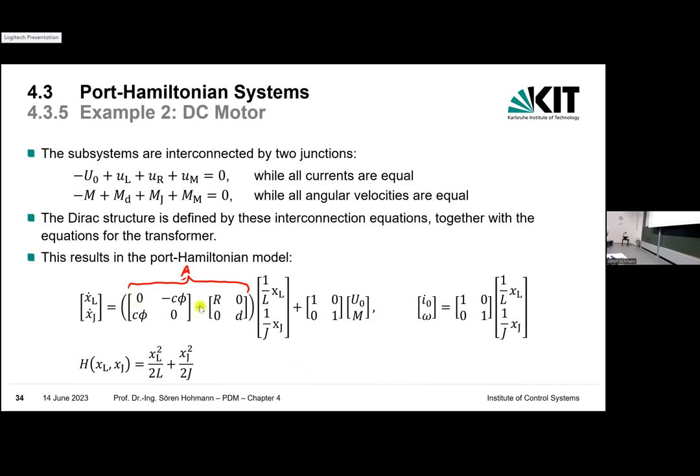One, which is given here, is skew symmetric, like in the example before, which is completely defined by means of the Dirac structure, the routing, and a second matrix, which groups together all the elements which belong to the resistive part. So it's always defined in that way: matrix, Dirac structure part, and the dissipation part.